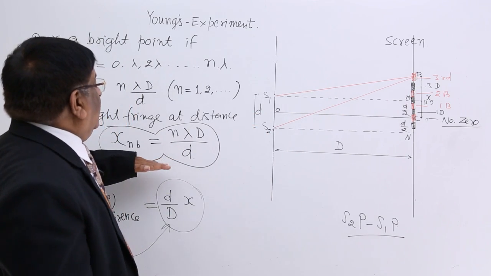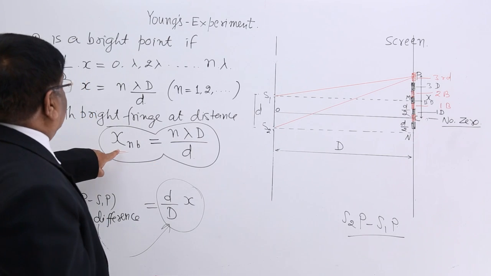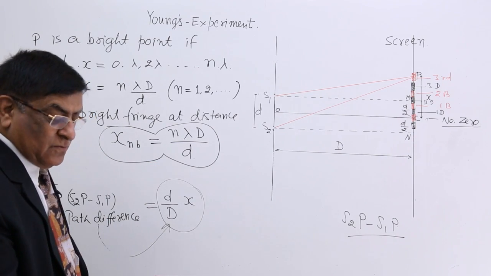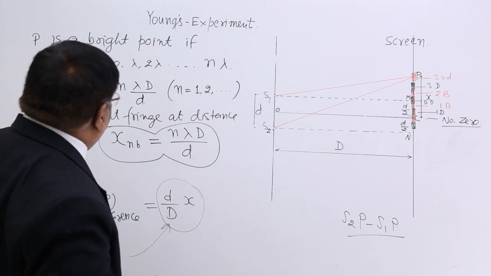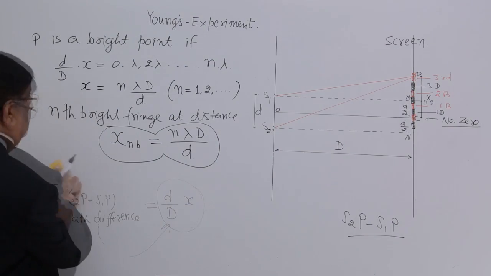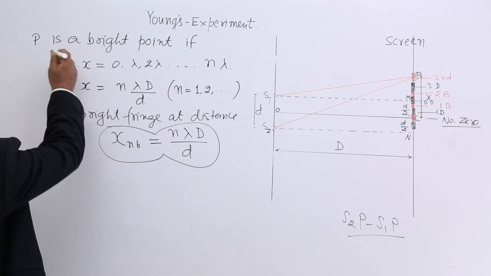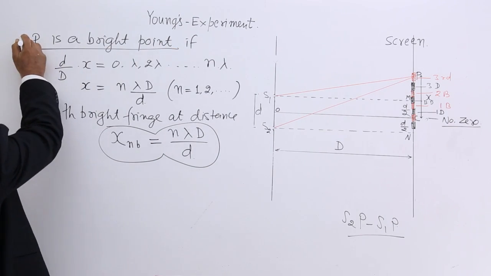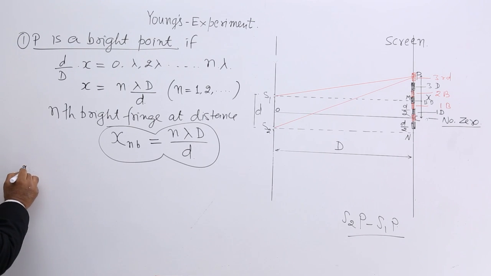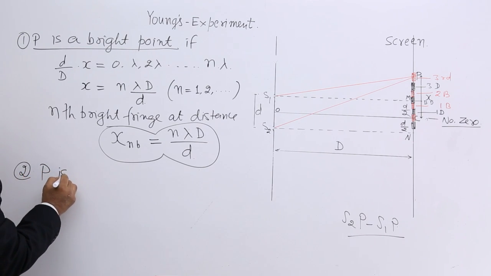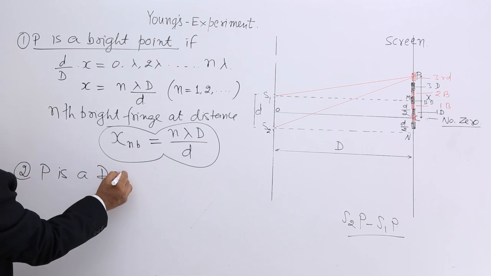Here we have got the formula for bright fringe x. Now we will see what's the formula for dark fringe. This is the condition for bright. Now P is a dark point.